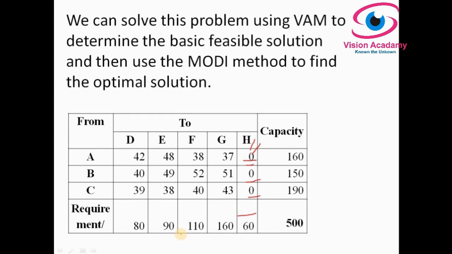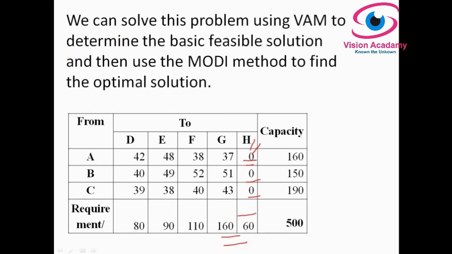The total requirement from the D, E, F, G destinations is 440, so now I have added 60 requirement to the dummy variable. This is how you convert an unbalanced transportation problem into a balanced one. Unless you convert it into the balanced one, you cannot apply any tools available in the transportation problem.